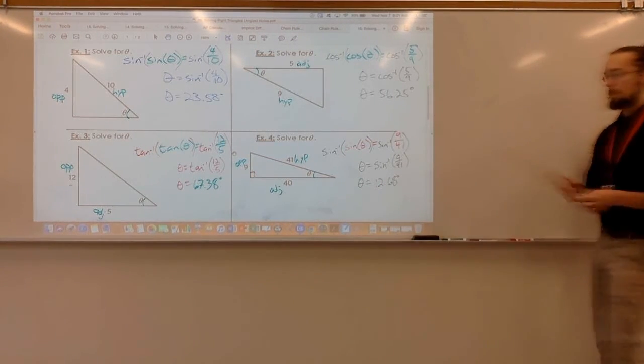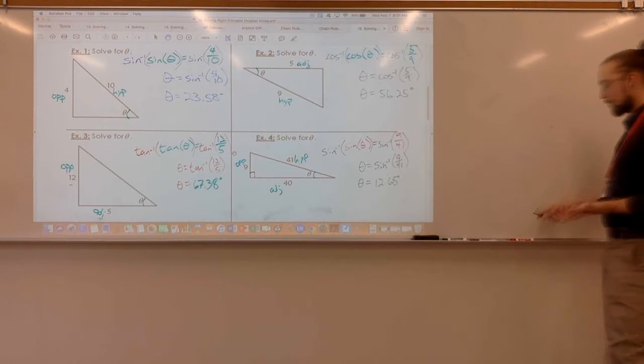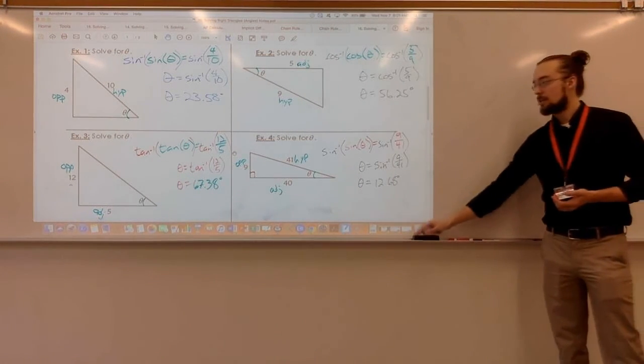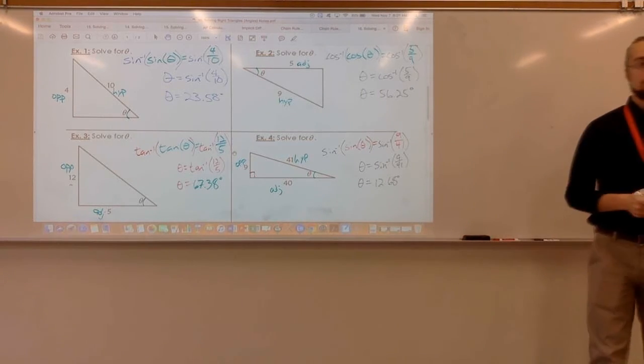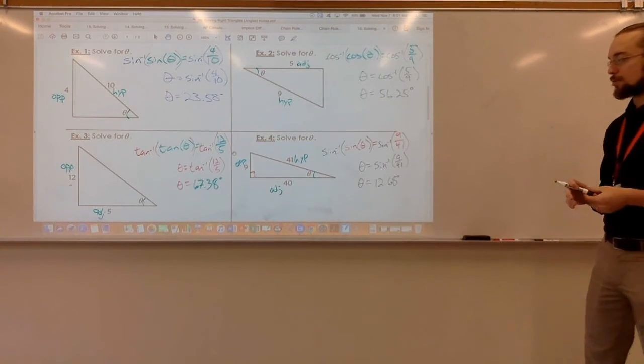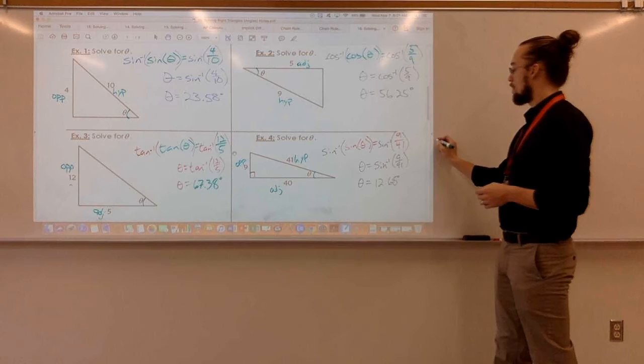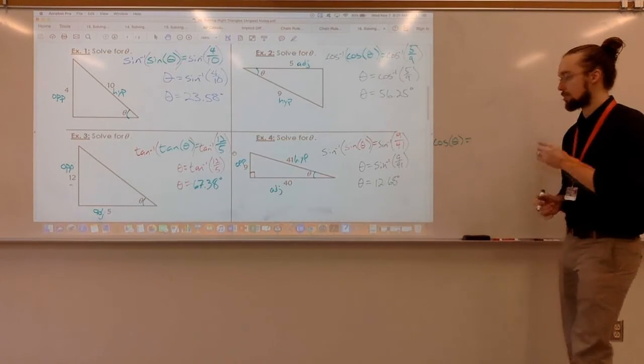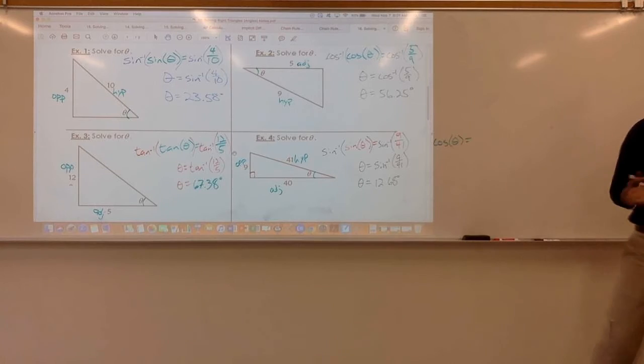Okay, let's try solving for theta using one of the others, either cosine or tangent. Alright, so let's do cosine. If I say cosine of theta, what would cosine of theta be in this case? 40 over 41?